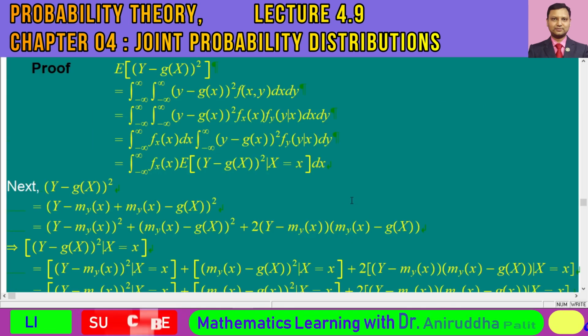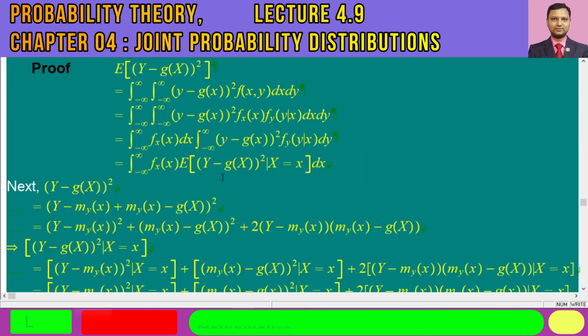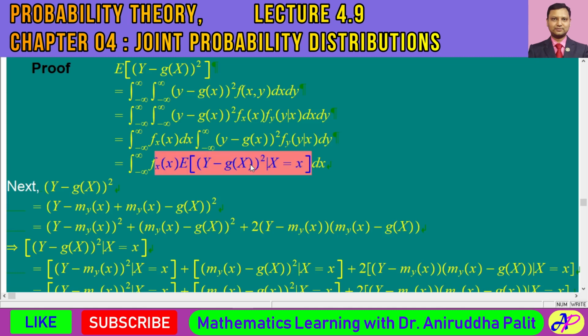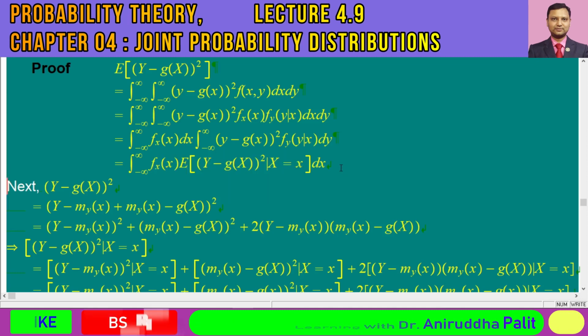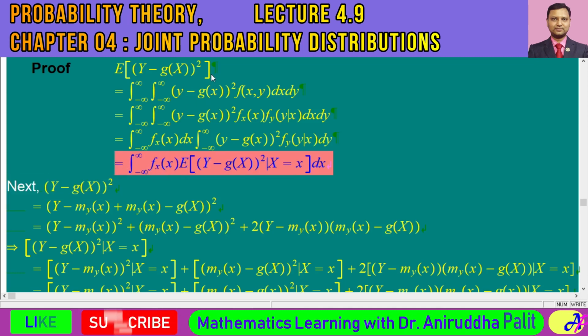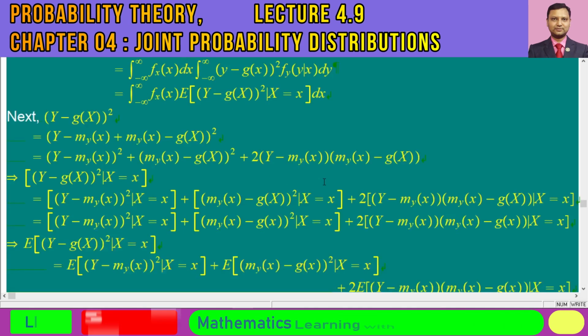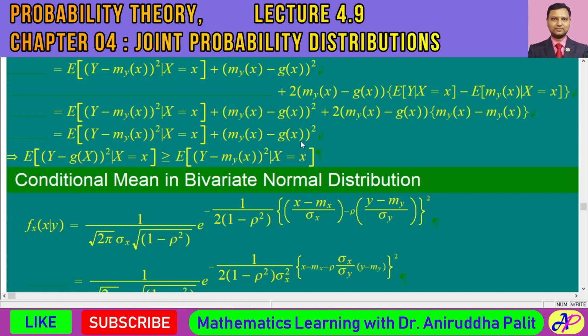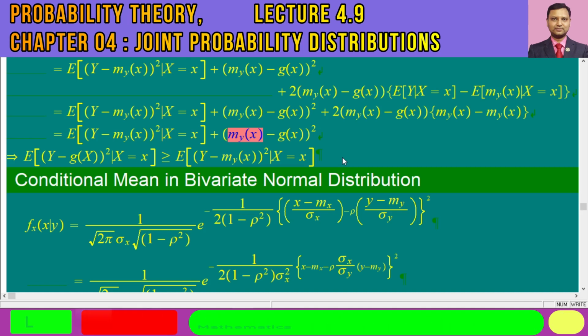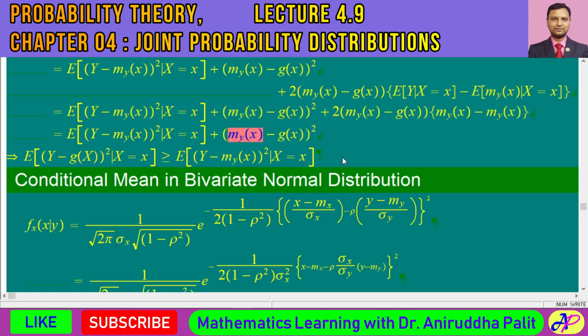Therefore, we can say that this entire integral, or this entire expectation, is also minimum when the function g(x) becomes equal to the conditional mean of Y given capital X equal to small x. This is called the conditional mean of Y on X.